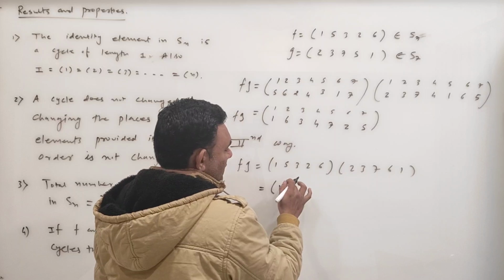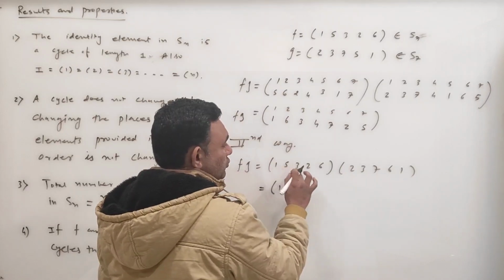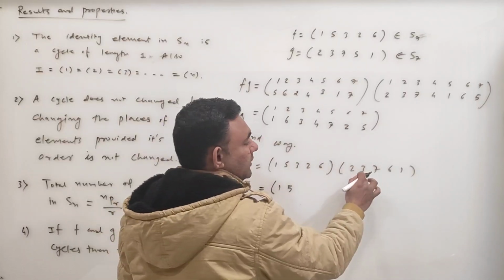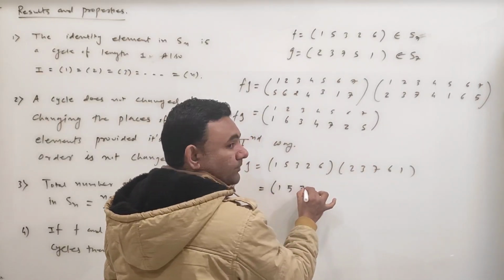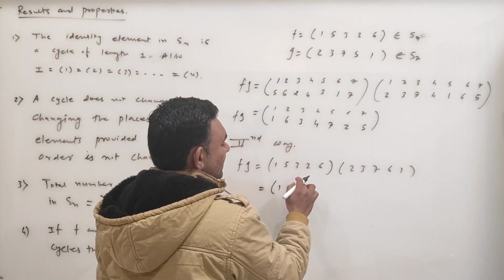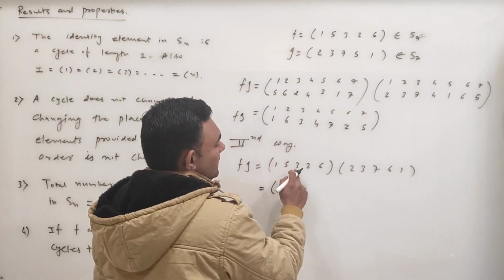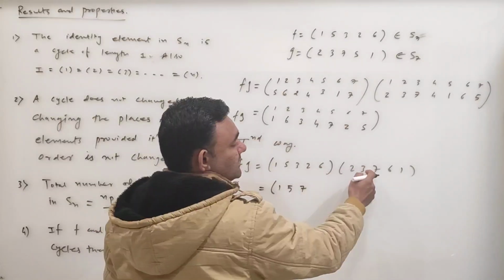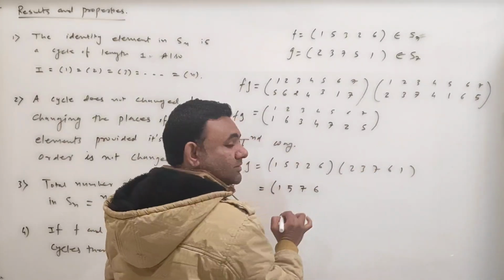Now you look at the image of 5 in this cycle, 5 goes to 3. Now the image of 3 in this cycle, 3 goes to 7, right? Now the image of 7 in the first cycle, 7 is absent, so 7 goes to 7, here 7 goes to 6, so you write 6.